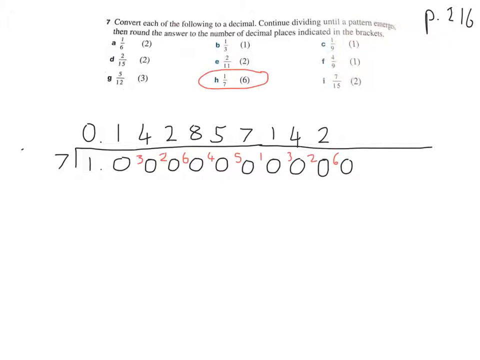60 divided by 7 is 8, with the remainder of 4. We put a 0 next to the number 4. Now we're asking 40 divided by 7 is 5. Oops.